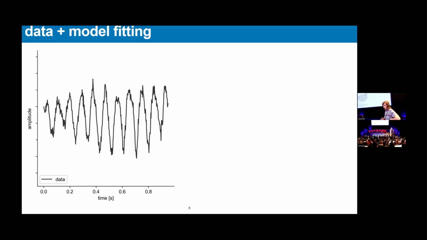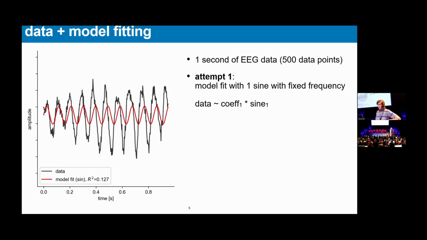So let's see if we can apply this procedure to a very small snippet of EEG data. This is 1 second of EEG data. It's 500 data points. And you notice that there's something cyclical going on. So maybe a good idea would be to fit some kind of sine.